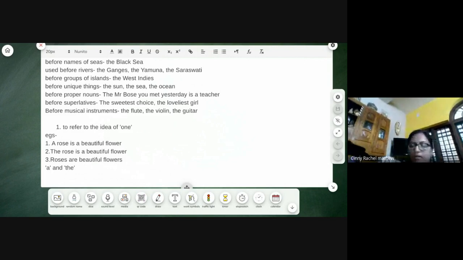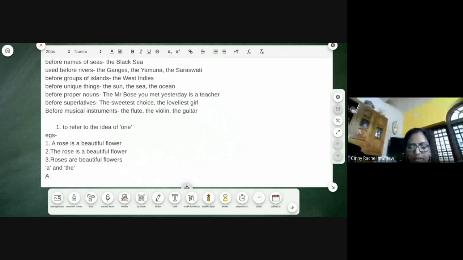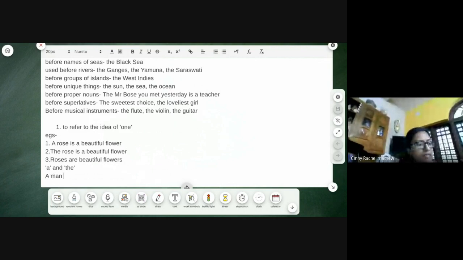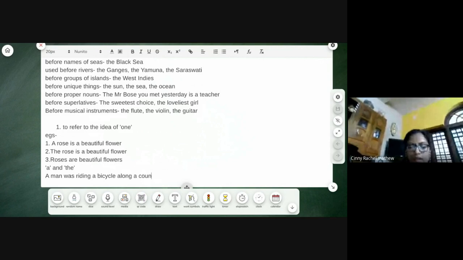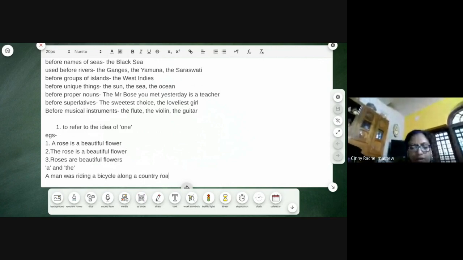If we put them into a few sentences, this is what we'll realize. A man was riding a bicycle along a country road. This is your first sentence. A man was riding a bicycle along a country road.